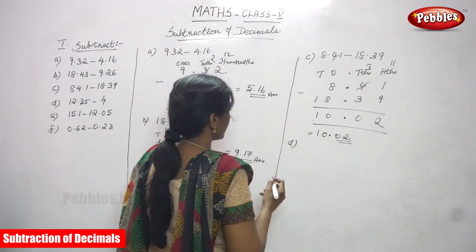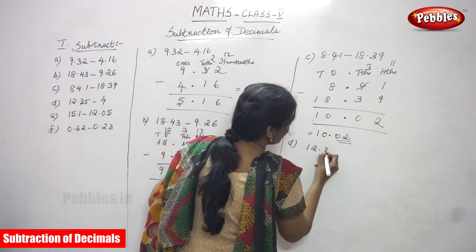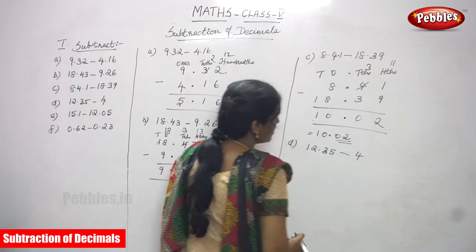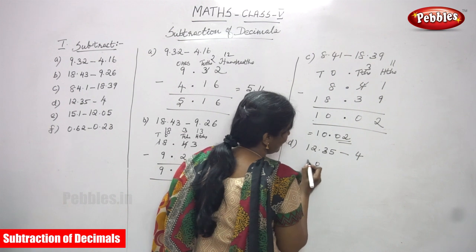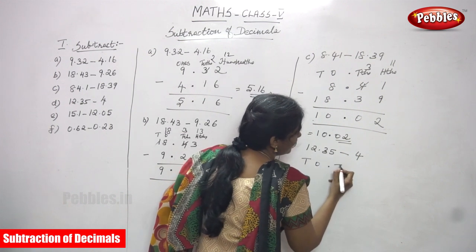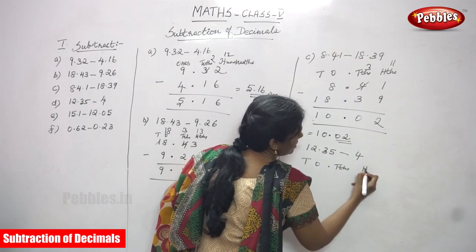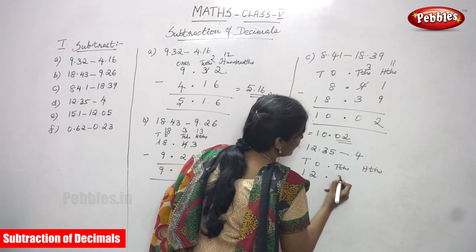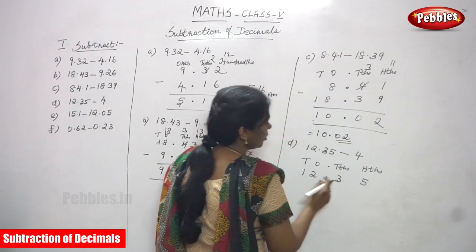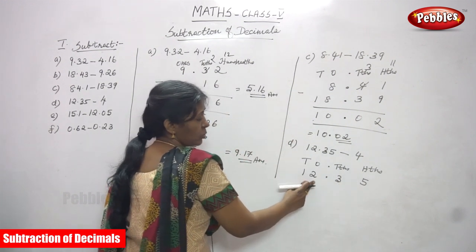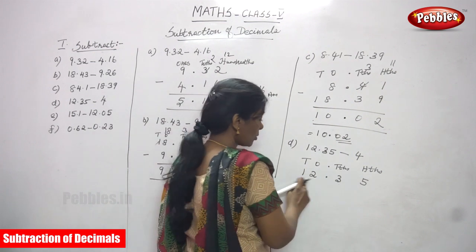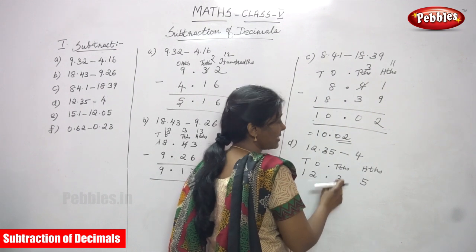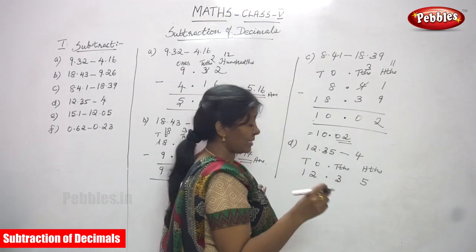Now D sum, that is 12.35 minus 4. Write the place values: ones and tens, then point, then tenths and hundredths. So 12.35: 1 in the tens place, 2 in the ones place, 3 in the tenths place, and 5 in the hundredths place.